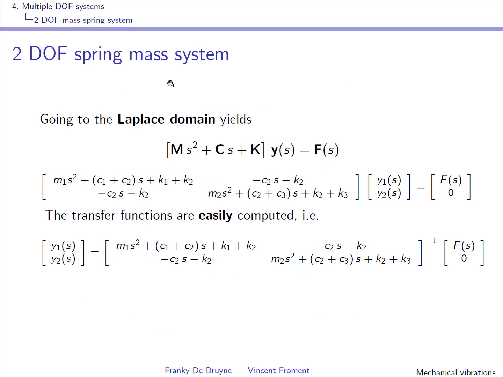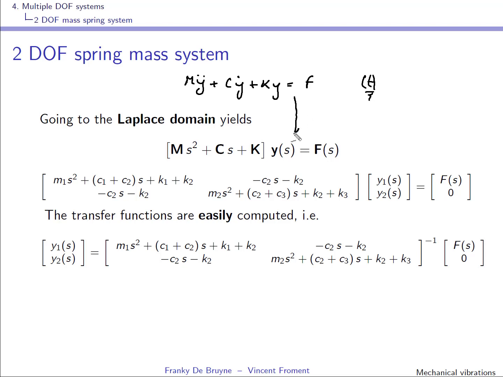So remember that we had obtained a second order matrix differential equation, M y double dot plus C y dot plus K y is equal to F. Here and here, everywhere I should put the time dependence.